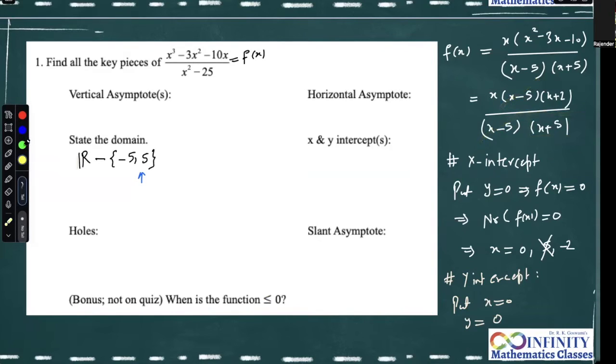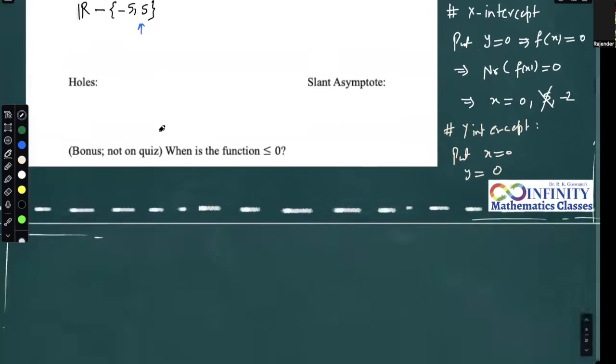So for me, x equals negative 5 is going to be the vertical asymptote. Do you agree? Only one term contributing a vertical asymptote. No doubts? Perfectly okay. So let us now talk about the horizontal asymptote.